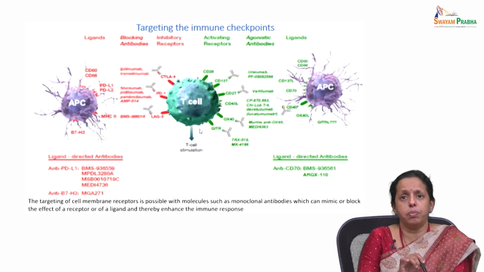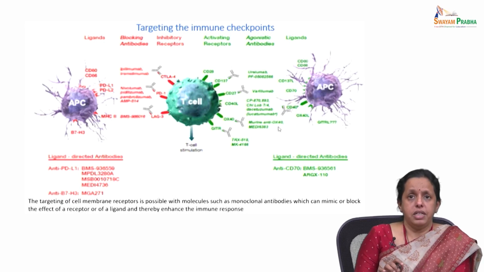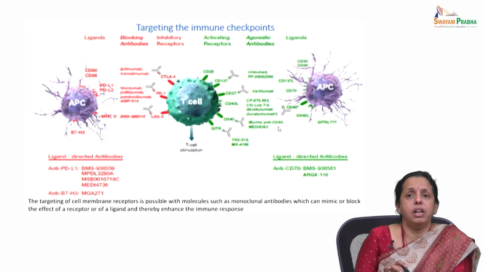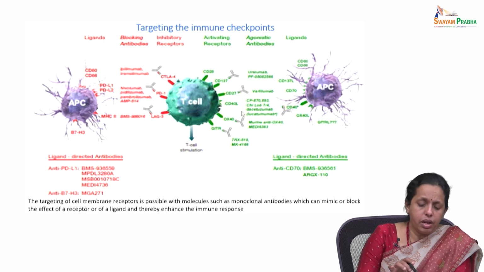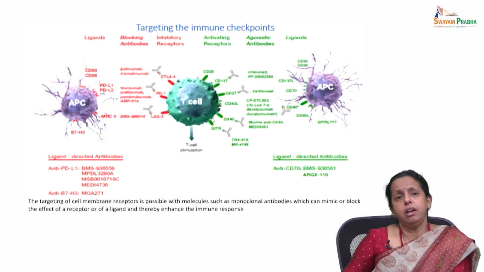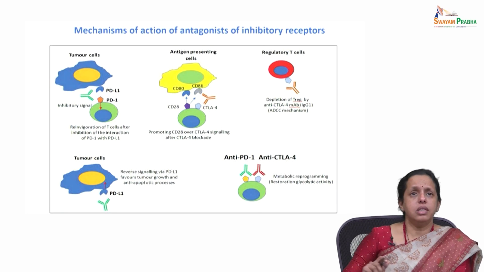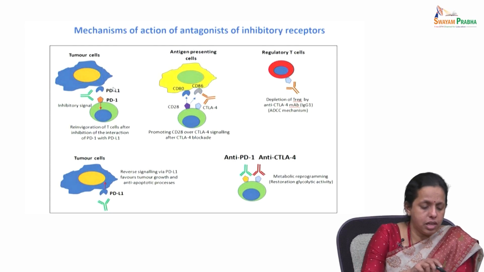Many immune checkpoints or co-stimulatory molecules on the APCs and receptors have been identified, and several groups have worked on this. If you have monoclonal antibodies that can block any of these, then definitely there is a better immune response. This is a typical mechanism of action. Again, here you have the tumor cells, and then you have the PD-1. Then this is the immune system.